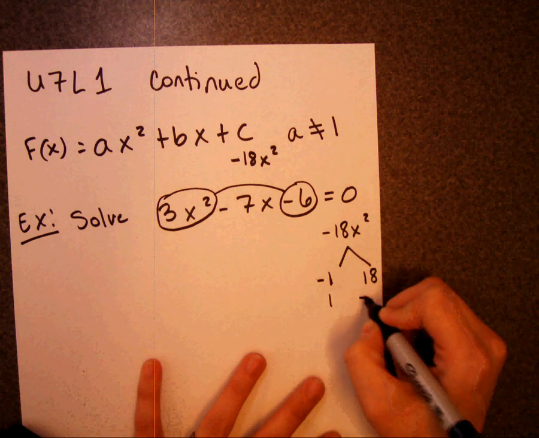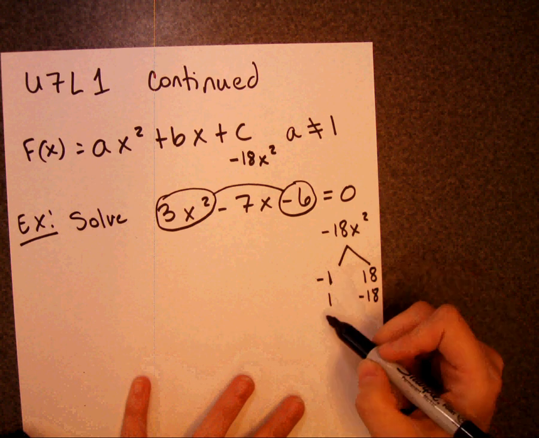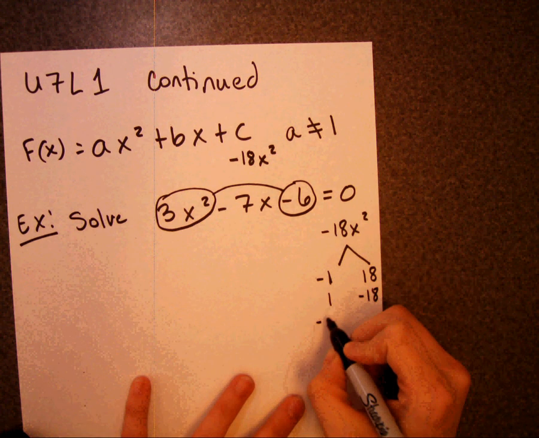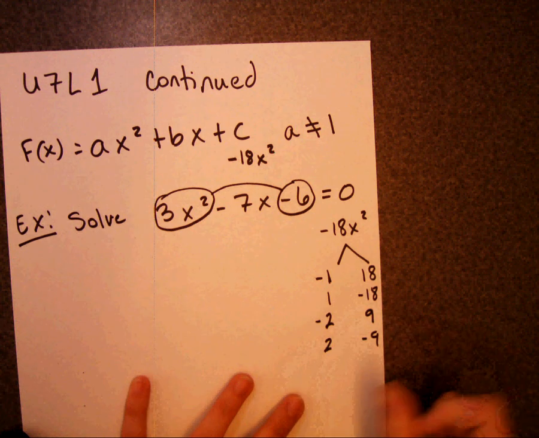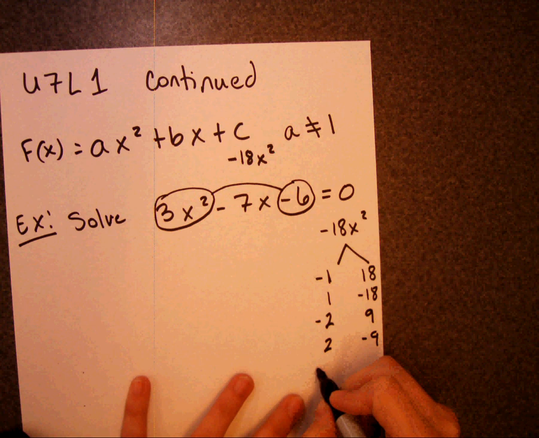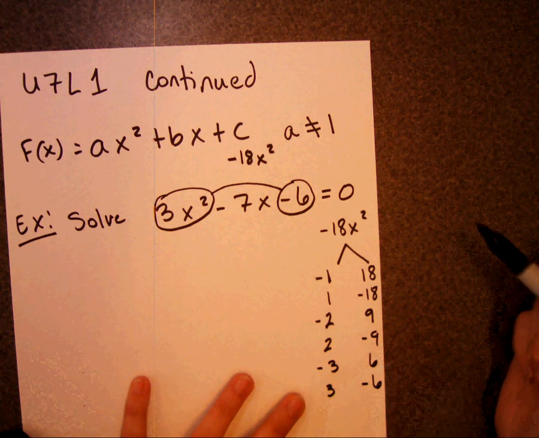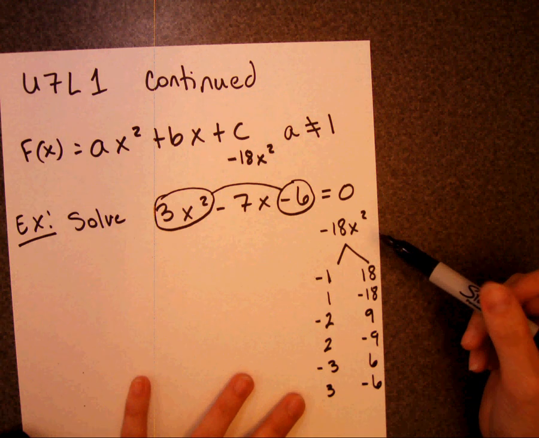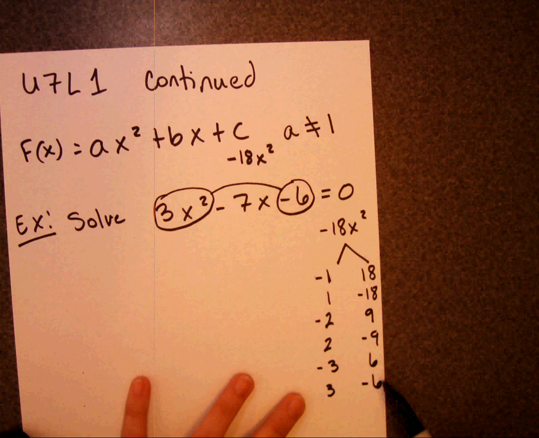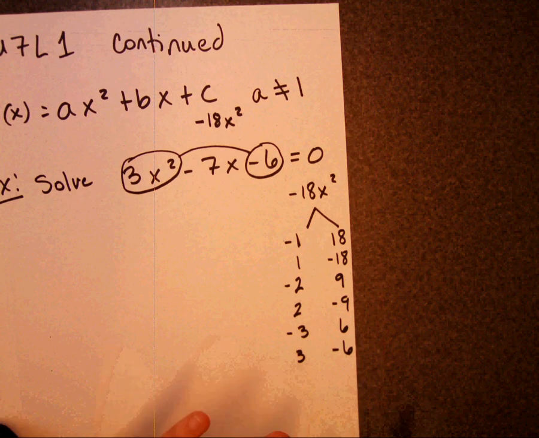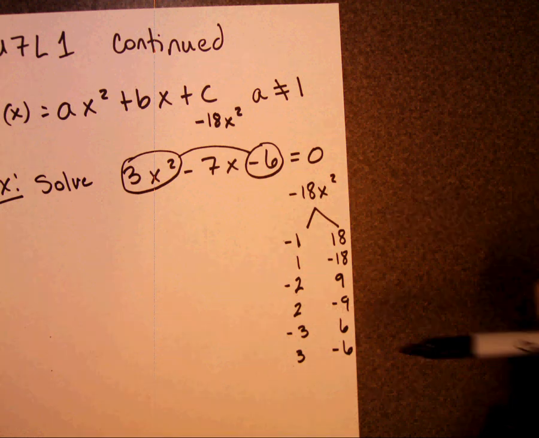Now I'm going to go through: 1 goes into 18, 2 goes into 18, so I could have negative 2 and 9, or 2 and negative 9. 3 goes into 18, so I could have negative 3 and 6, or 3 and negative 6. 4 doesn't go into 18, 5 doesn't go into 18, 6 goes into 18, but that's already in my list, so I know I'm done because I've started over. So these are all the possible pairs that multiply together give me negative 18, and they should all have x's.